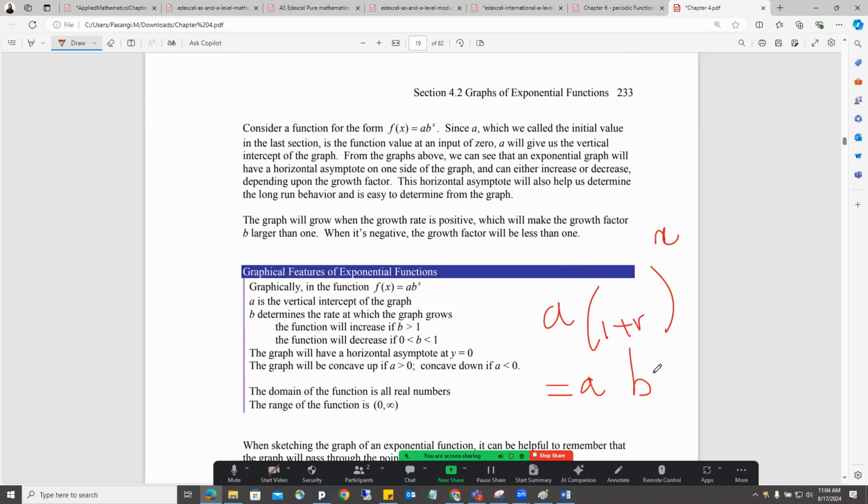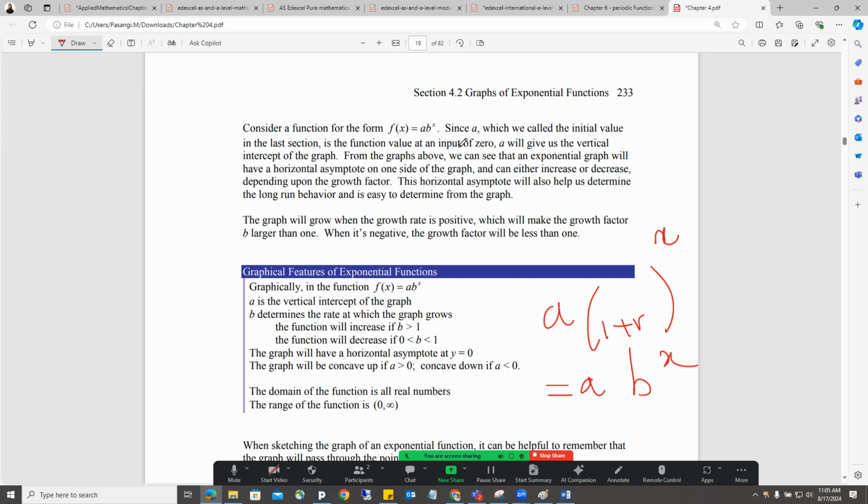We can rewrite it as ab to the power of x as well. So consider a function of the form ab to the power of x, where a is the initial value, as we learned in the last section, the function value at an input of 0. A will give us the vertical intercept of the graph.